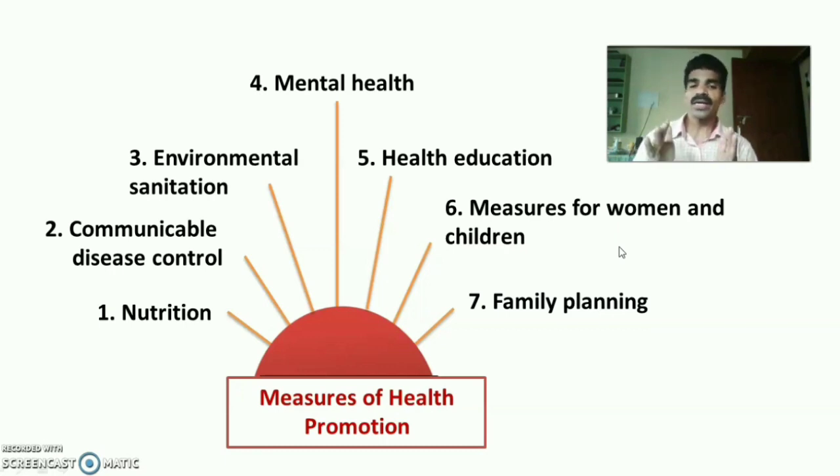So these are the 7 important measures for the health promotion of the employees or workers. First one is nutrition, second is prevention and control of communicable disease, third is environmental monitoring and sanitation of the work setting, then mental health of the employee, health education, counseling, etc. Special measures for women and children, and family planning.